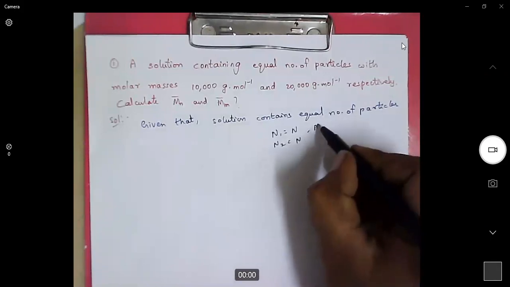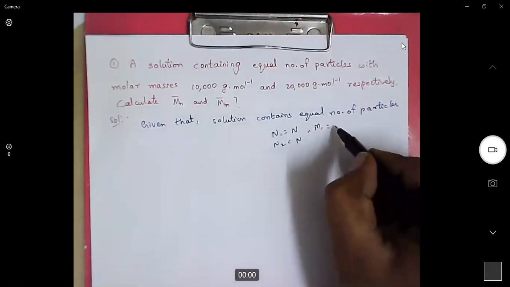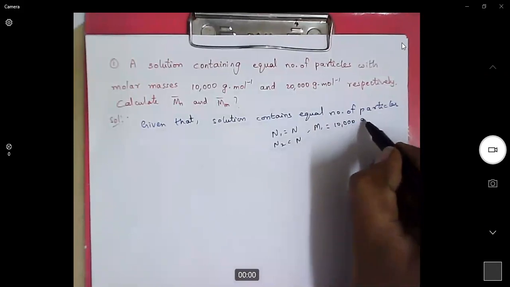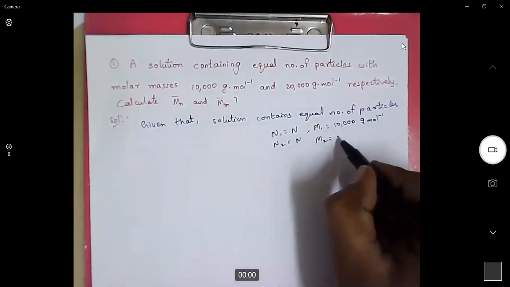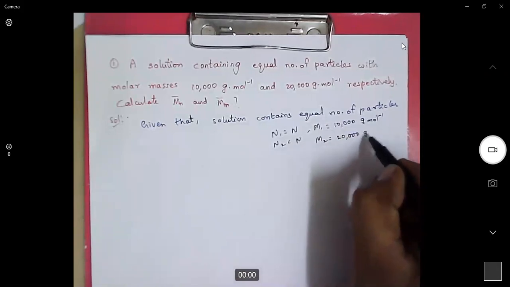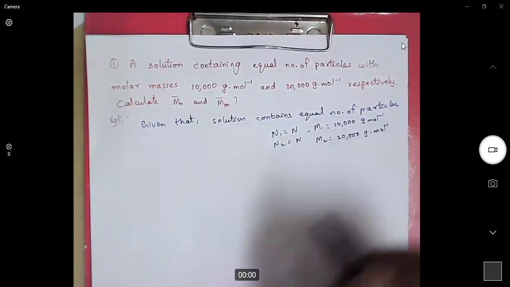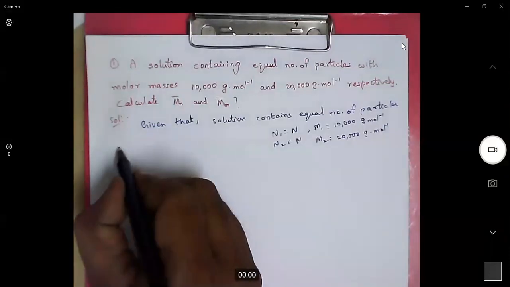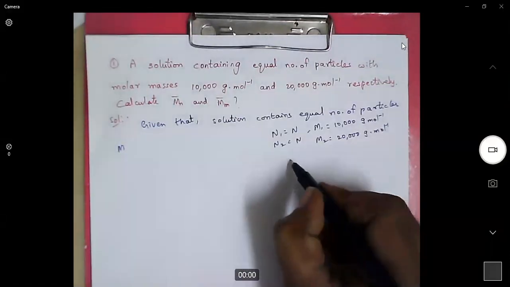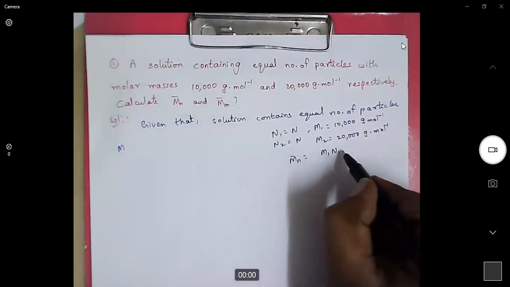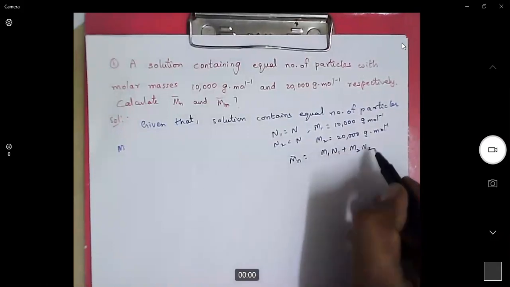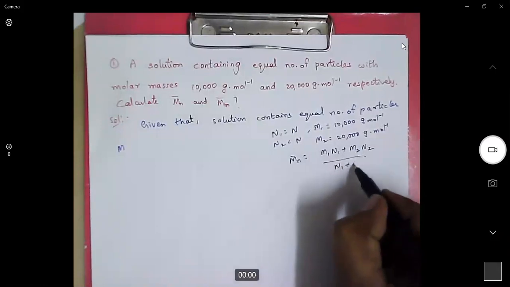Then the mass of the first particle is 10,000 grams per mole. The mass of the second particle is 20,000 grams per mole. Now, what is the formula for Mn? Mn bar is equal to M1 N1 plus M2 N2 by N1 plus N2.